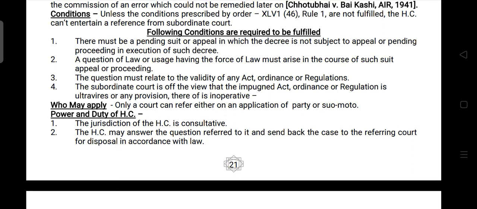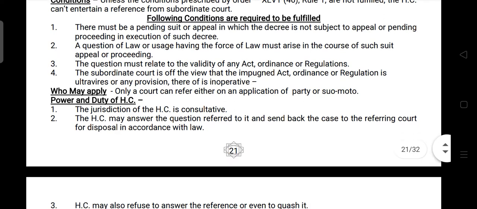Second, a question of law or usage having the force of law must arise in the course of such suit, appeal or proceeding. Third, the question must relate to the validity of any act, ordinance, or regulation. And the fourth is that the subordinate court is of the view that the impugned act, ordinance, or regulation is ultra vires, or any provision thereof is inoperative in nature.